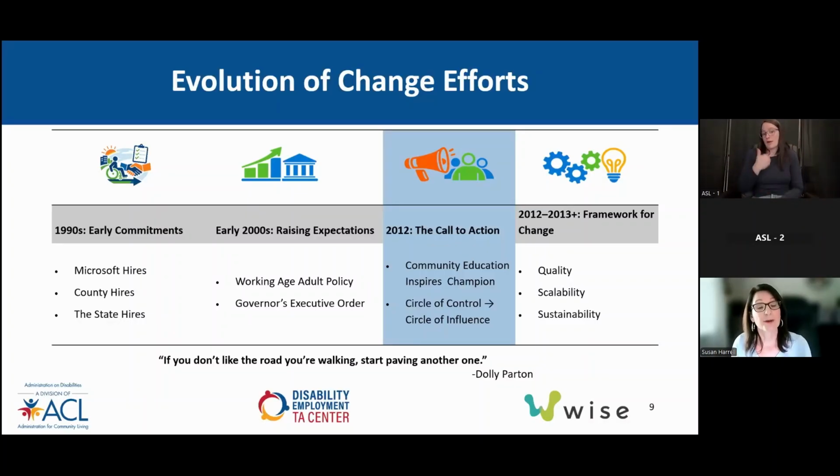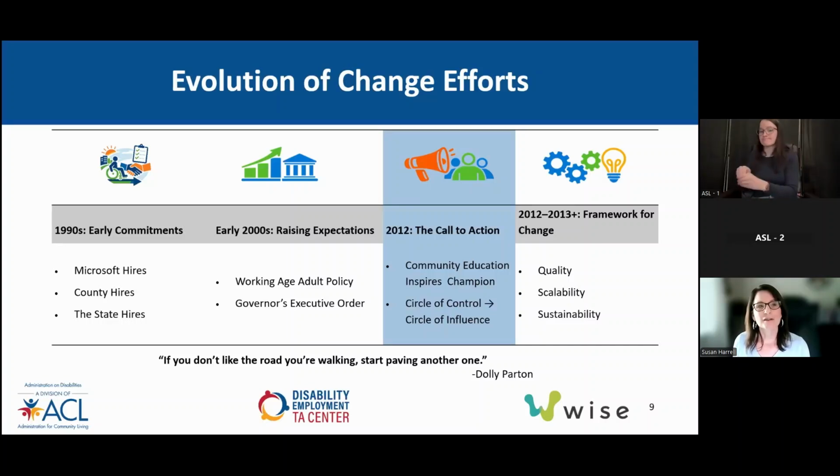That began to influence community education, and as we'll talk about in upcoming slides, it inspired champions that could influence on the ground hiring, and Microsoft again was part of that in ramping up their efforts to hire.